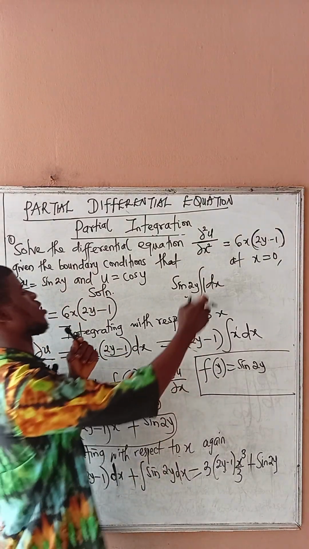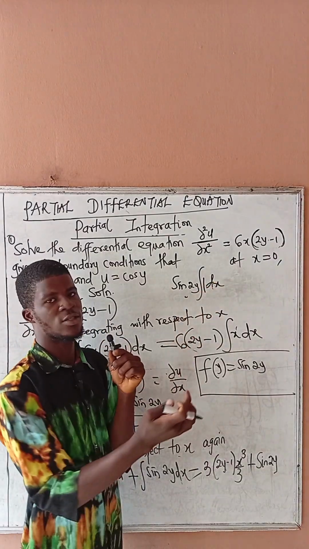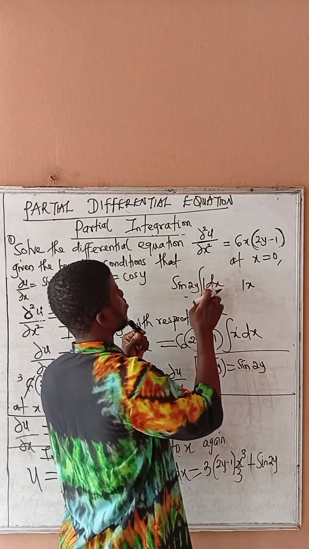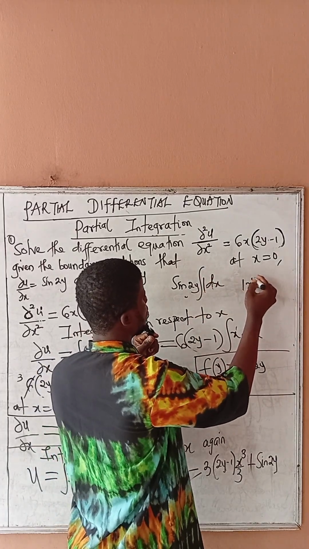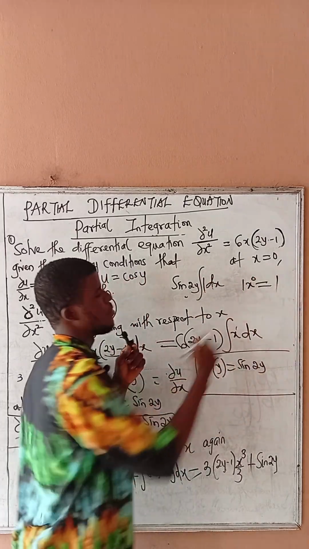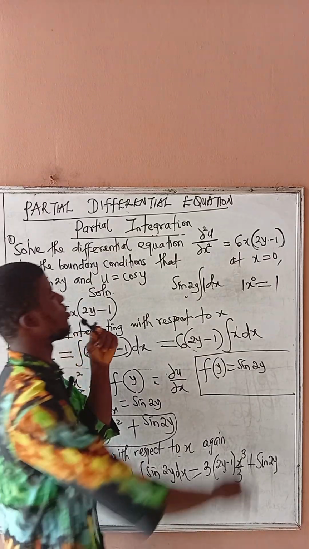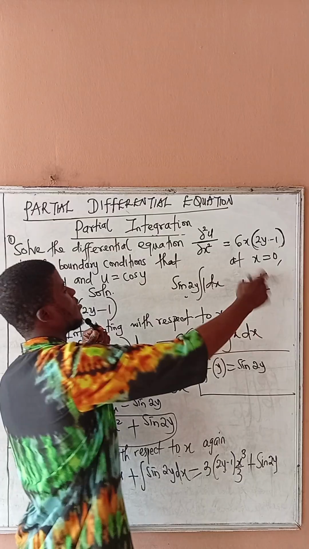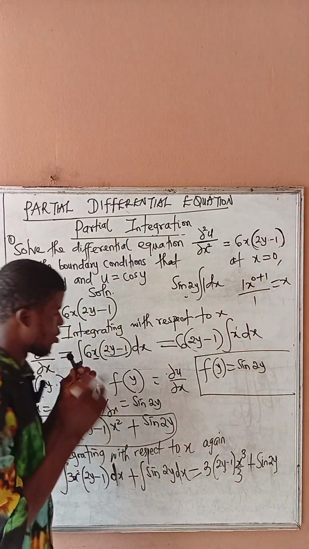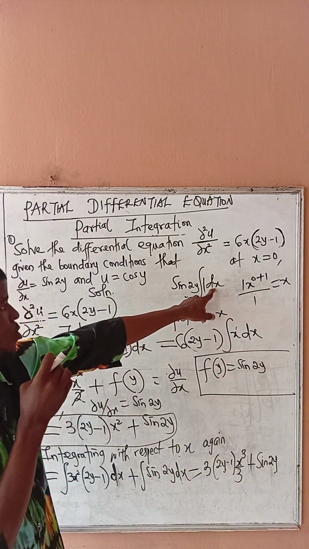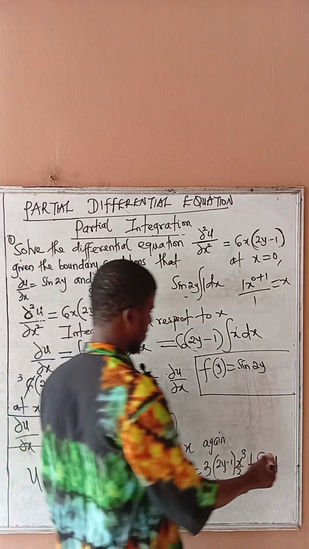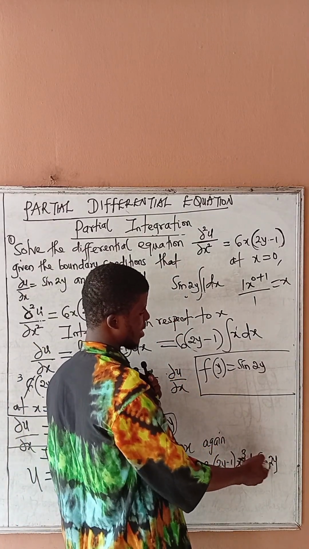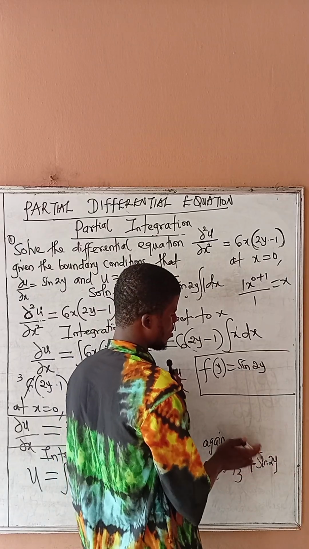So if I integrate 1 with respect to x, that will give me 1x. Check it out. This is 1x to the power of 0. Of course, they are the same thing. So if I want to integrate this, it's just to add the 1 to it, then divide by 1. And everything here is equal to what? X. So if I integrate 1 dx, I'm going to get x. So that x now is going to multiply sine 2y to give me x sine 2y.